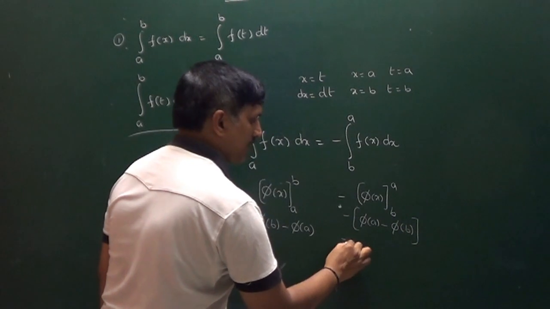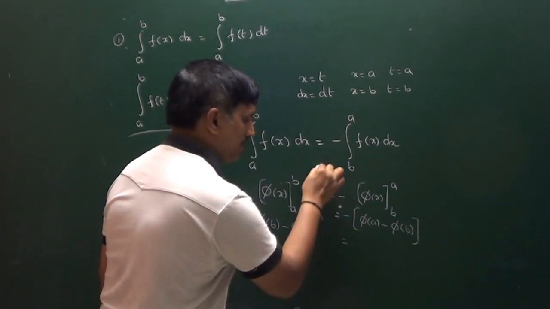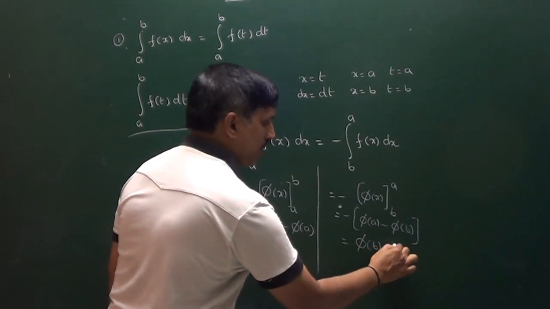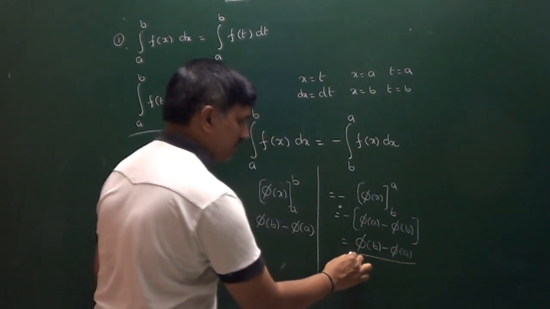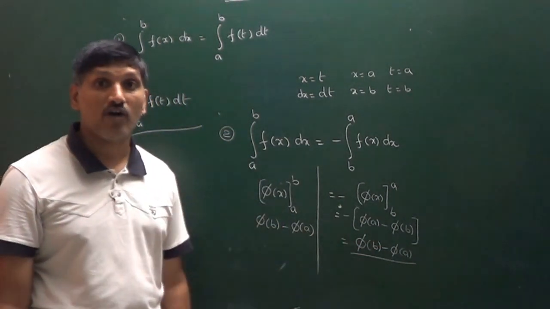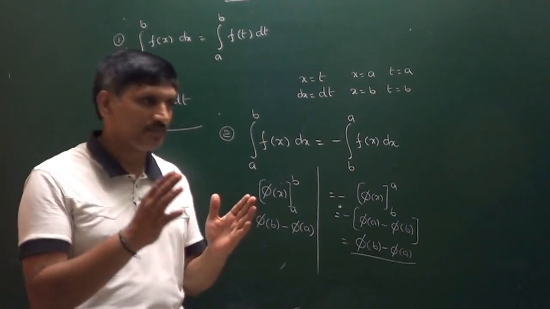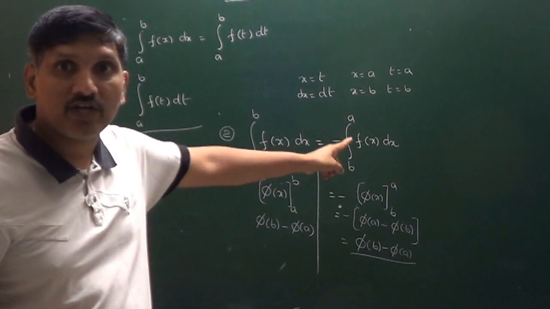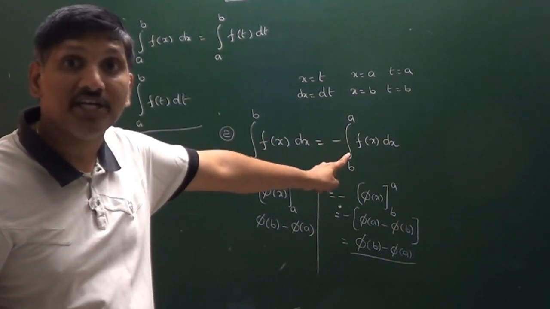Now multiply the minus inside, and we get phi of b minus phi of a. The same answer we got here and there. So whenever we interchange the limits, the definite integral changes its sign.